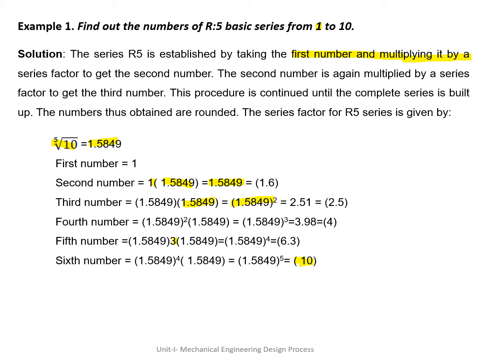So in which step do we get 10? On the fifth step. That's why the R5 series takes five steps for 1 to 10. For 10 to 100 you will get the same thing, or 100 to 1000, the same thing. Clear? Okay.